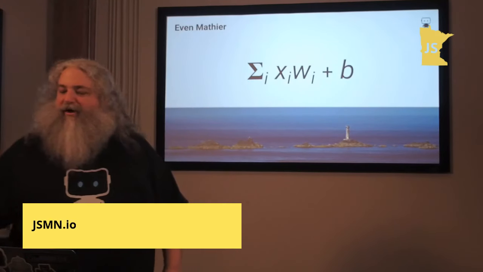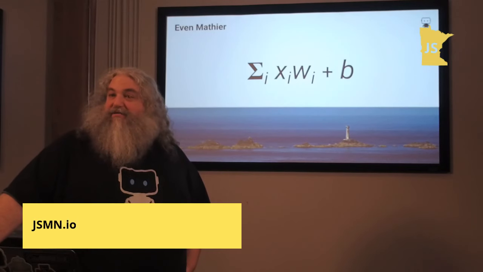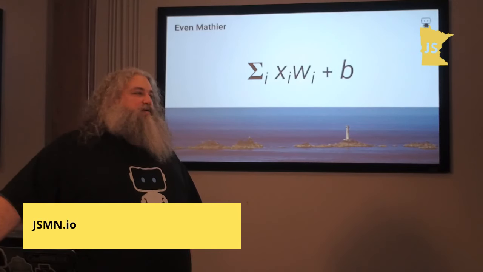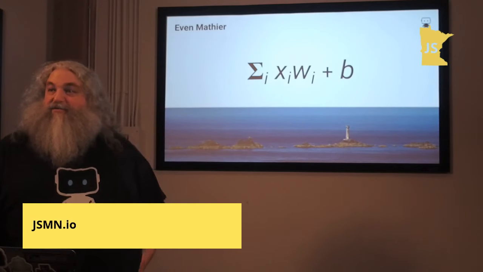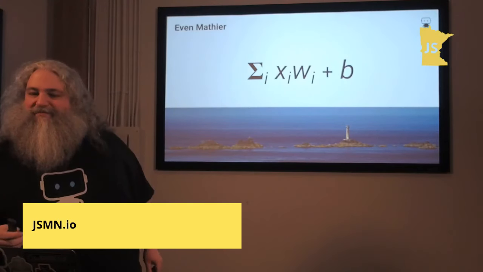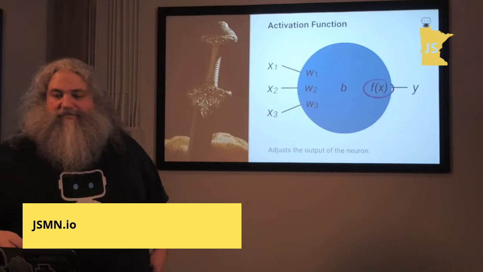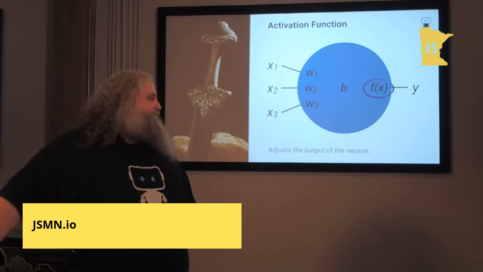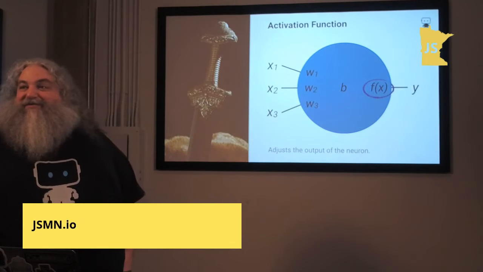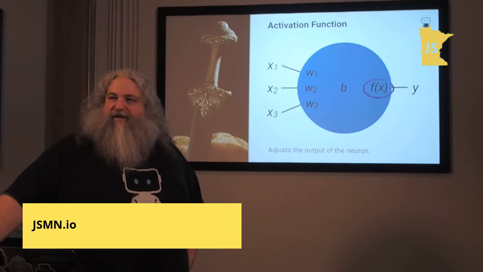Or if you're a little more math oriented and like using that sigma, you can represent it this way: the sum of the inputs times the weights plus the bias. That's what the neuron is doing up to this point. The output of this will then be rammed into the activation function, which I couldn't think of anything better to say than it adjusts the output of the neuron. It's kind of uninspired, but it sort of filters it out.